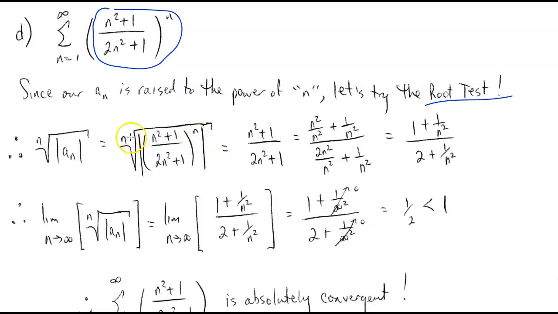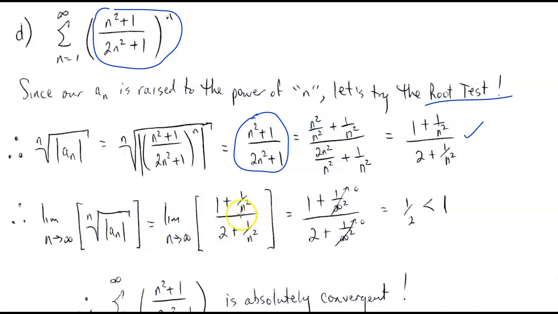we do some fancy footwork. The nth root of all this raised to the n just gets rid of the radical sign altogether. And then, of course, from here, I don't have to rewrite it like this, but I'm doing it so that it's very easy for me to take the limit of it once I'm done.